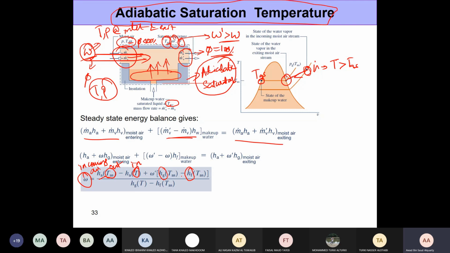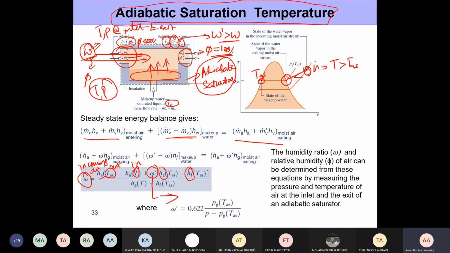Before I go and talk about relative humidity, let me also talk about this term right here, omega prime. Everything here depends only on the inlet and exit temperature. Now, omega prime is the humidity ratio at the exit of the system, and this is simply written in terms of the partial pressure of water vapor at the exit divided by the mixture pressure.